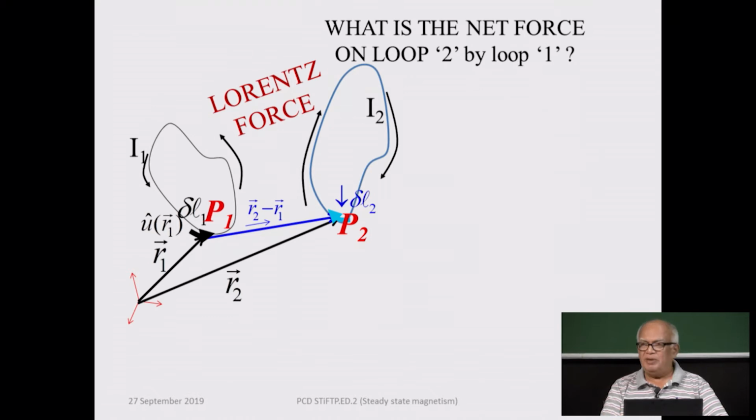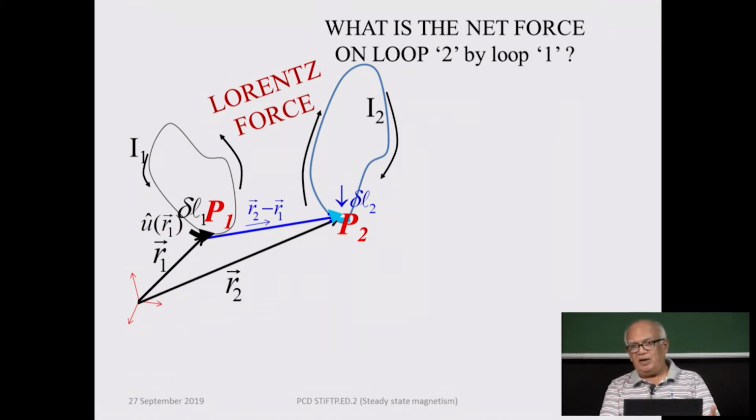So, there is a charge element at point P2, and now this charge is not static, but it is in motion, because it is part of the current I2. So, you have a charge in motion in a region where there is a magnetic field which is generated by the current in I1.